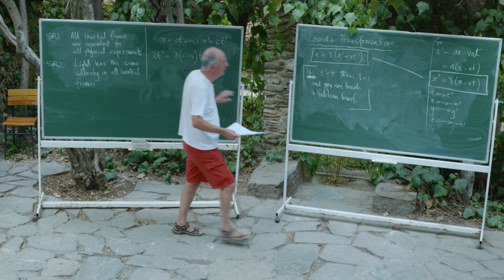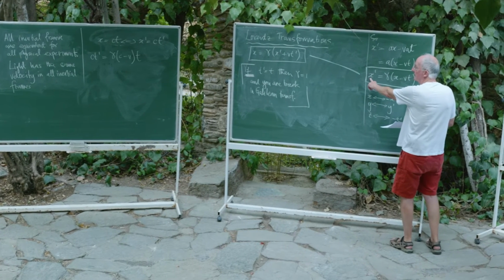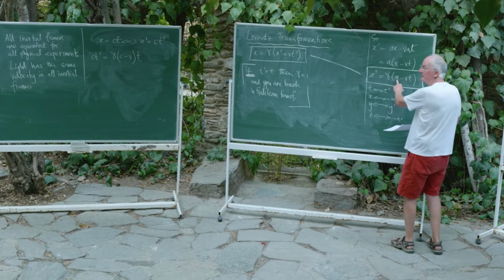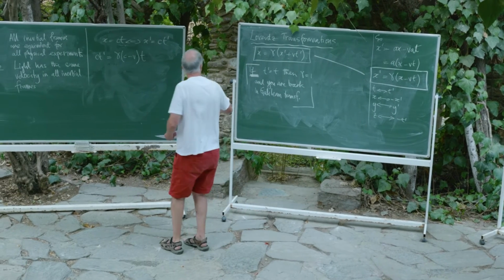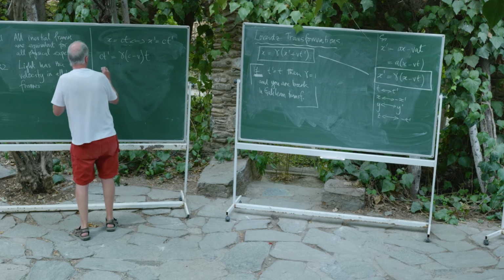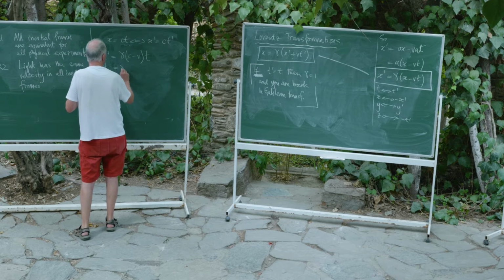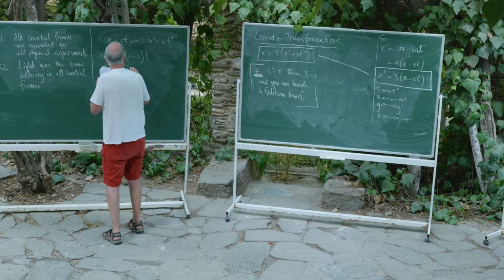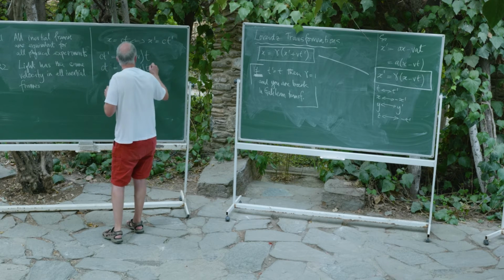That's from here, so x dashed is ct dashed, and x is ct. And you do the same thing here, and you get ct equals gamma (c plus v) t dashed.